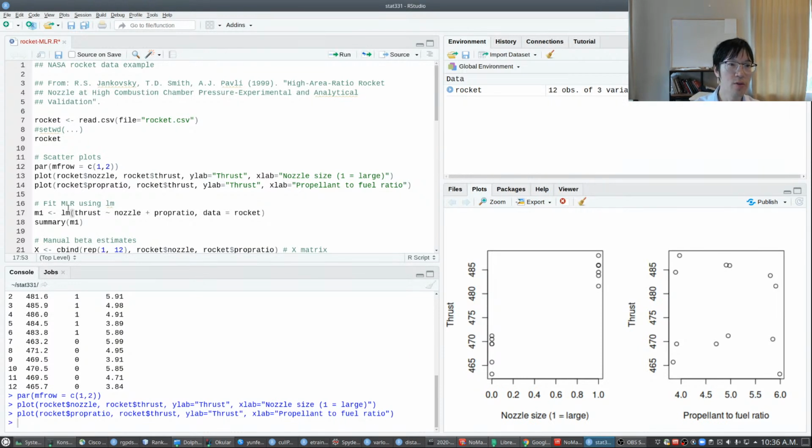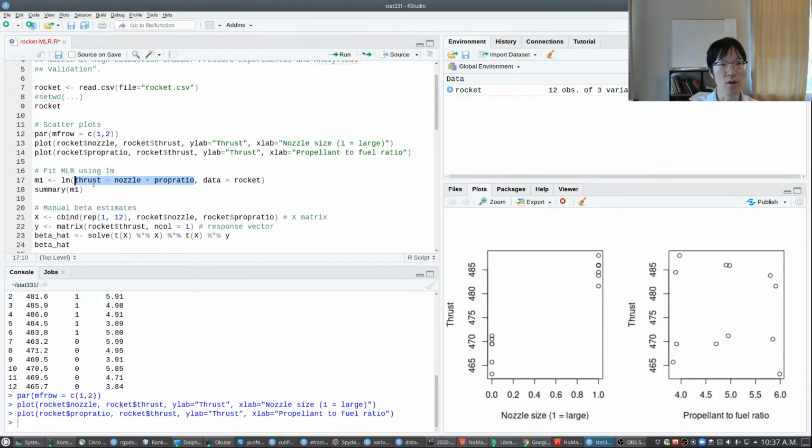Just like with simple linear regression, we use the lm command to fit the model. And so now to remind you of the syntax, the first input here is the formula object. So on the left is the y, or the response variable, and then on the right we put an expression for the explanatory variables to put in the model, and we use the plus sign because we're fitting what is called an additive model.